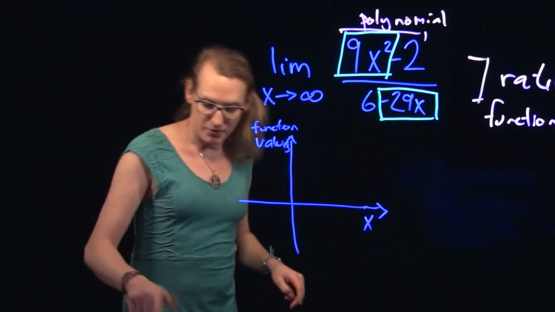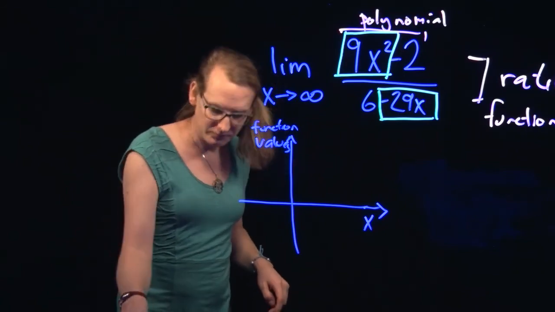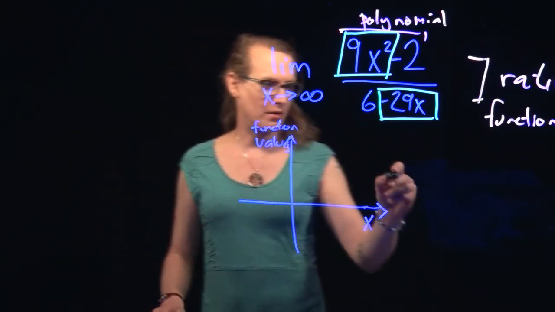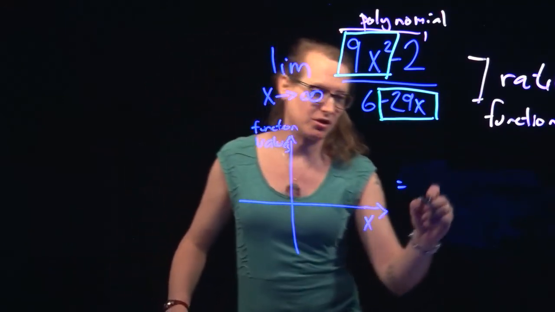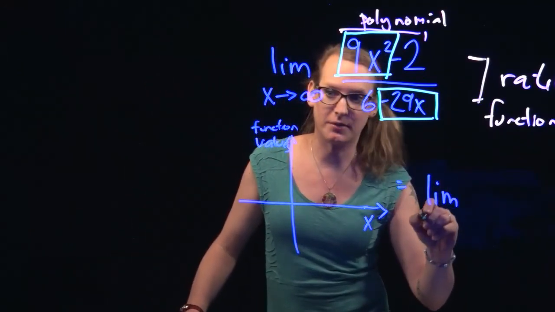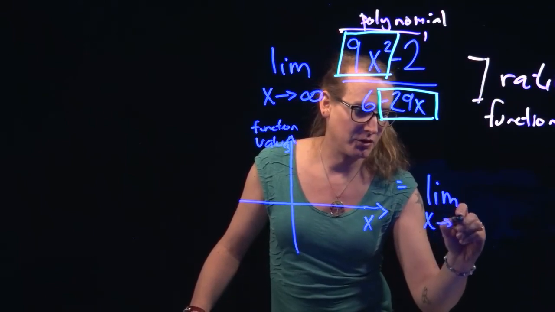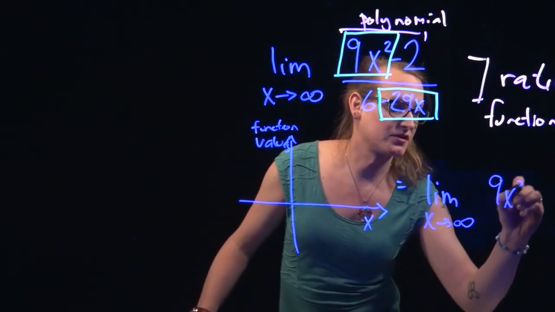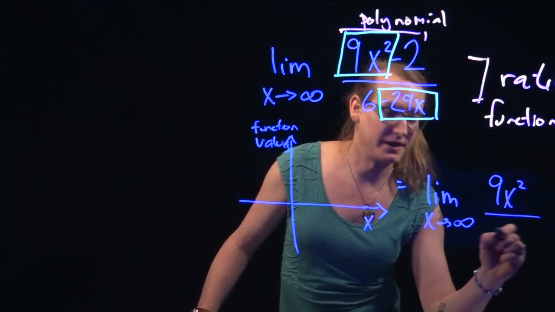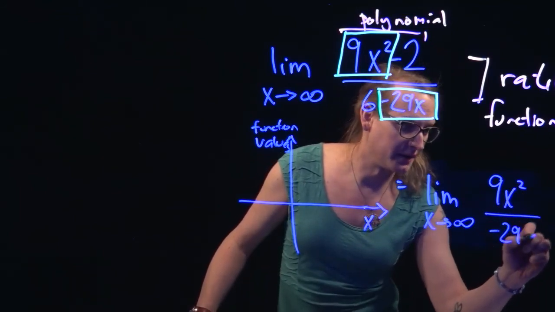So I'm going to write a line here, and then I want to come back and talk a little bit about it. So this limit is equal to the following limit: the limit as x approaches infinity of 9x squared divided by negative 29x.